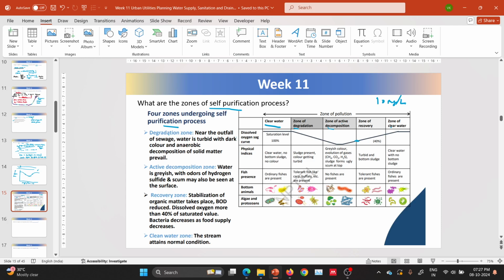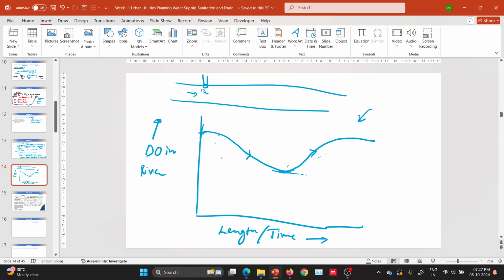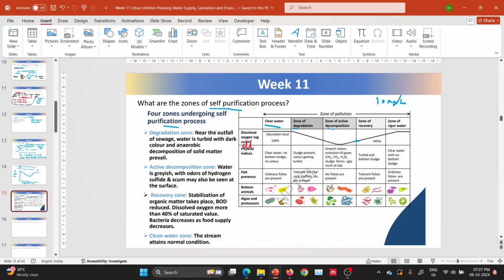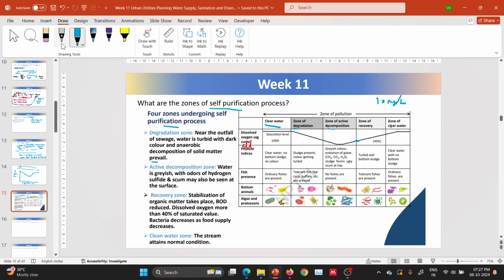Let's understand this. In the degradation zone near the outfall, so this is the outfall, this zone is the zone of degradation. Near the outfall of sewage, water is turbid with dark color and anaerobic decomposition of solid matter prevails. And if you see physically, in the zone of degradation sludge is present, and color is getting turbid.